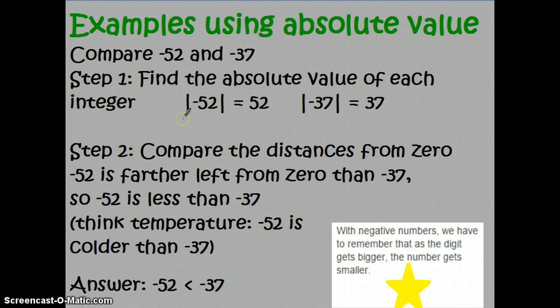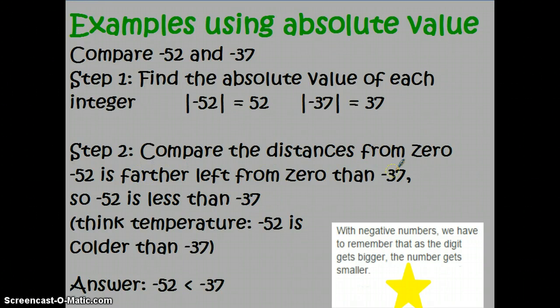So we've got the absolute value of -52 means that it is 52 units away from 0. And then this one says the absolute value of -37 is 37 because -37 is going to be 37 units away from 0.